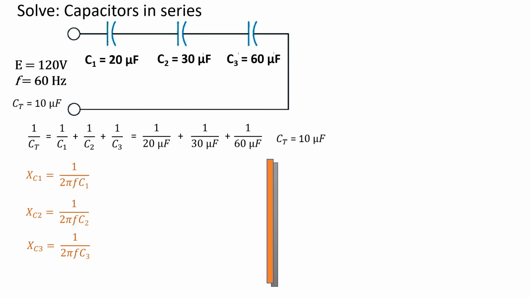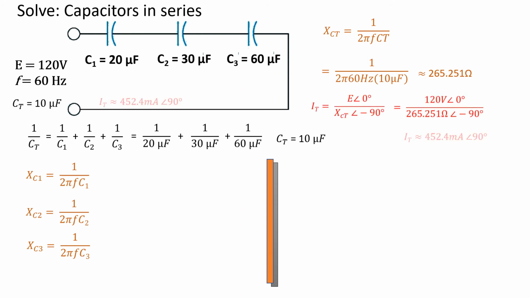But since we have our total capacitance, we can also calculate out our total capacitive reactance, which in this case works out to be 265.25 ohms. With our total opposition, we can now calculate our total current, which in this case works out to approximately 452.4 milliamps.